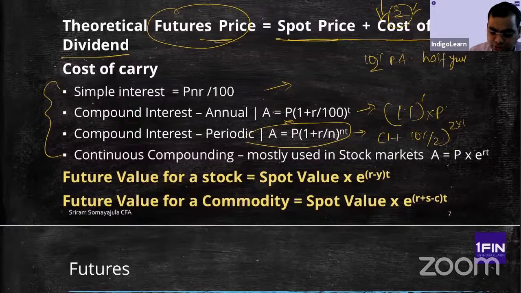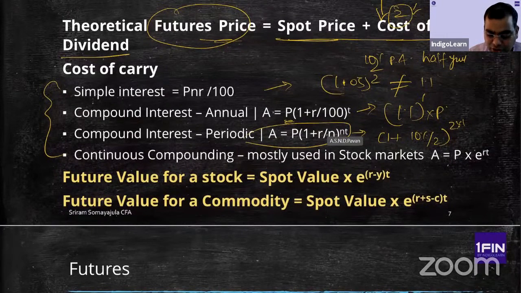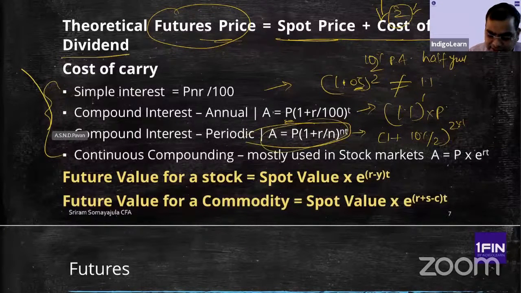So you're basically doing 1.05 whole square. This is not equal to 1.1. 1.05 whole square is slightly greater than 1.1. Why? Because you're compounding for 2 periods at 5%. And how did I get 5? Because it is 2 period compounding, 10% by 2.